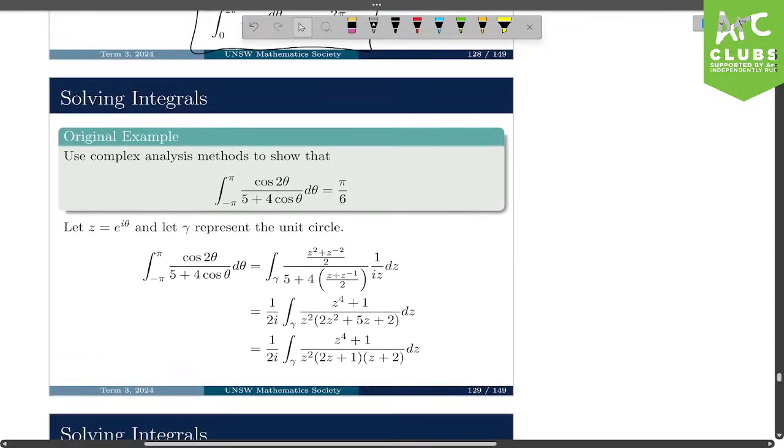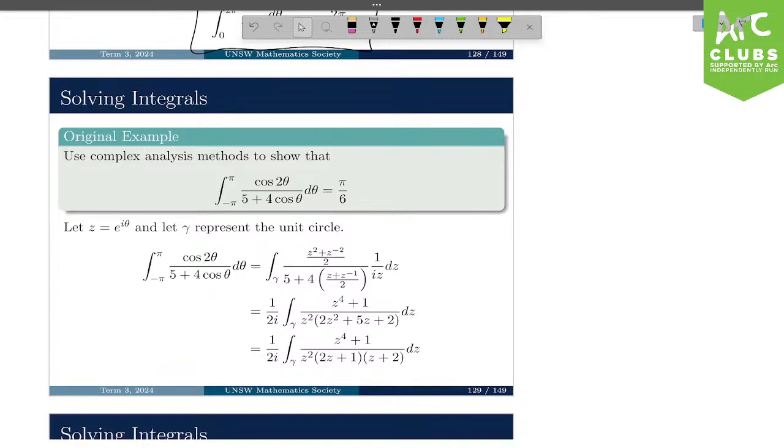So here is another example. And this is the time we're going to work it backwards. Okay? In this instance, we have cos of 2 theta. We want to show that cos of 2 theta over 5 plus 4 cos theta integrated between minus pi and pi is going to be equal to pi on 6.